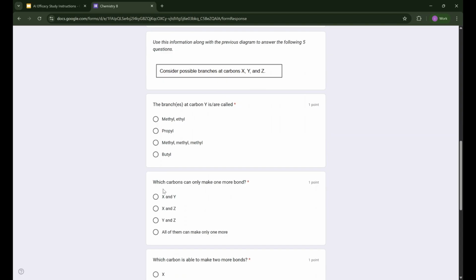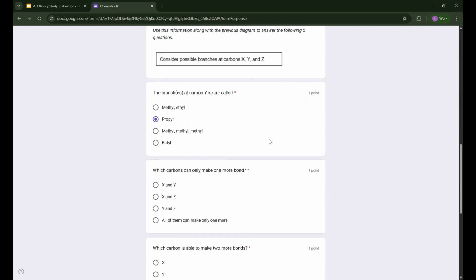Oh, I can't remember. Is methyl, ethyl? Is it propyl and then butyl, or butyl then propyl? I think I'll go with propyl. I just have a gut feeling that it means free.